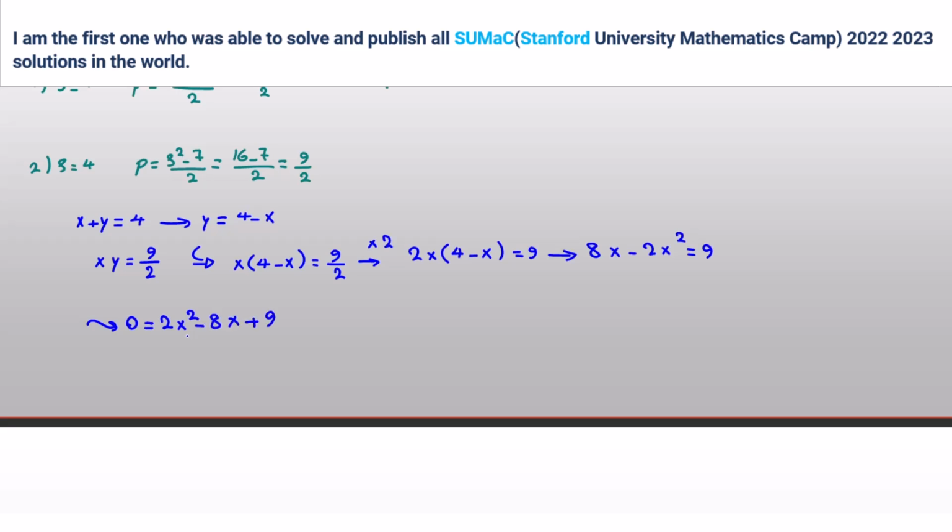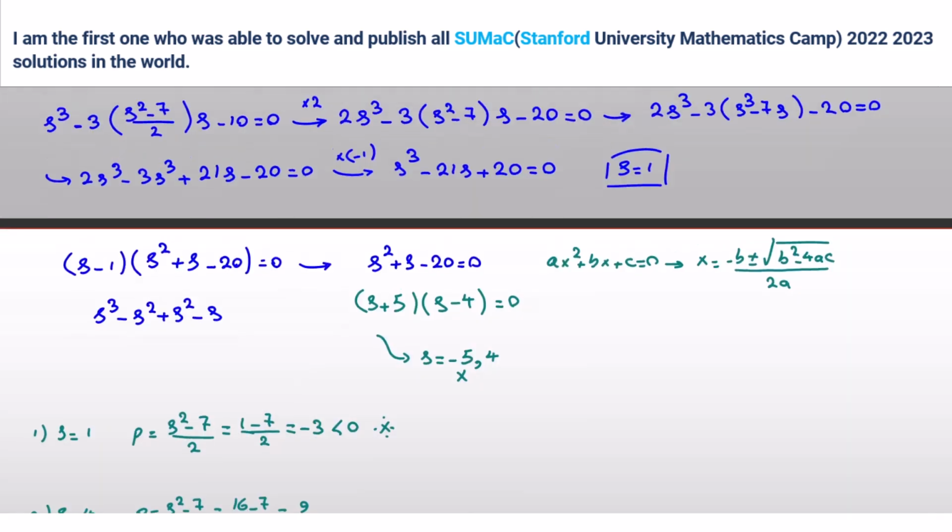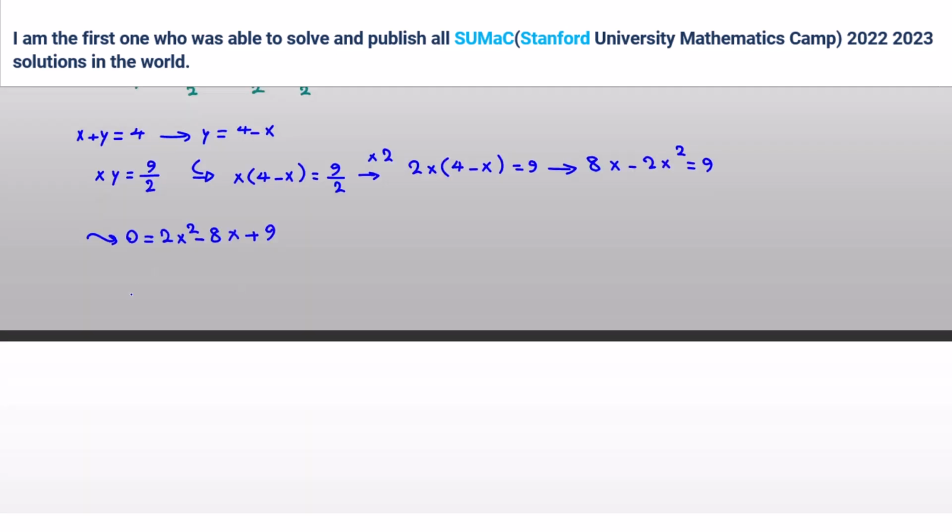So if you want to use the quadratic formula, 64 minus 4 times 2, 8 on delta. So let me explain something here. I told you this. When x is a real number, inside the square root should be greater than or equal to 0. We call it delta or discriminant. B squared minus 4ac should be nonnegative. If we use that here, delta or discriminant is equal to b squared, negative 8 squared, minus 4 times a, the coefficient of x squared, 2, times c, 9.